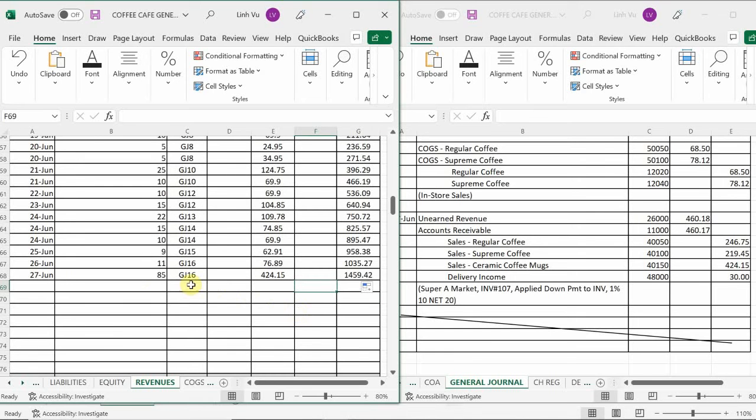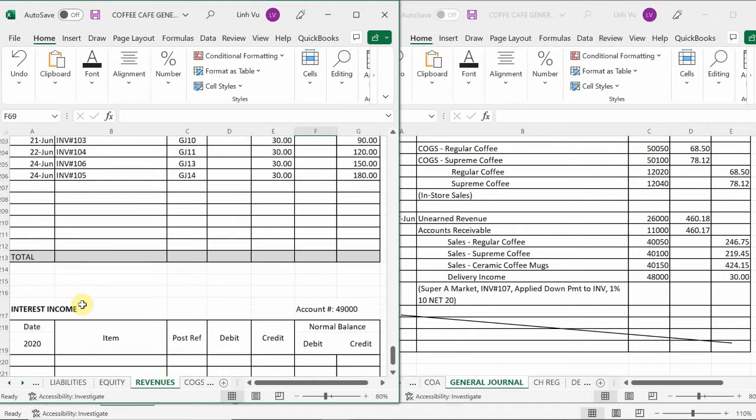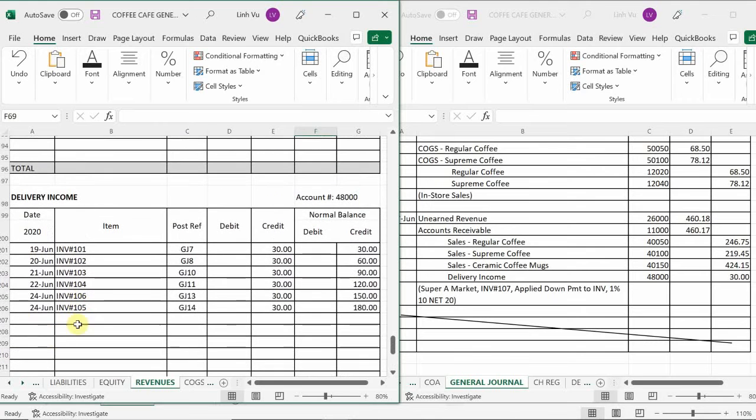And then last we got delivery income. $210.